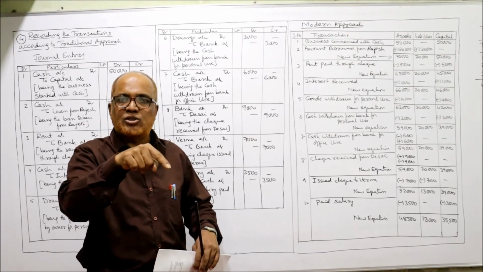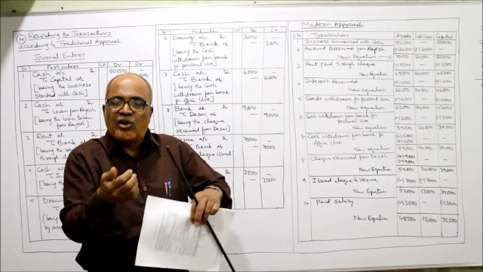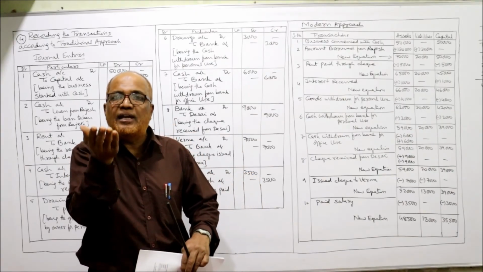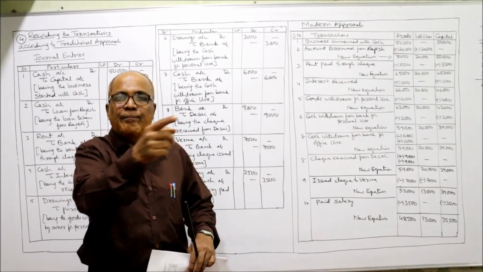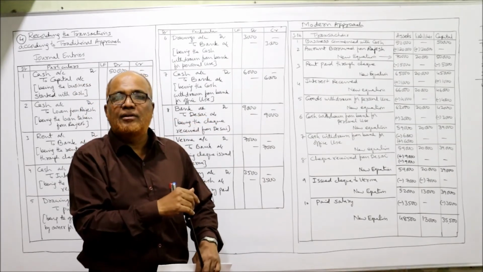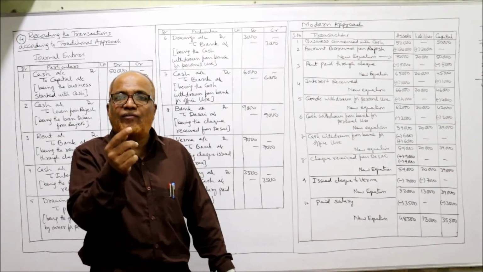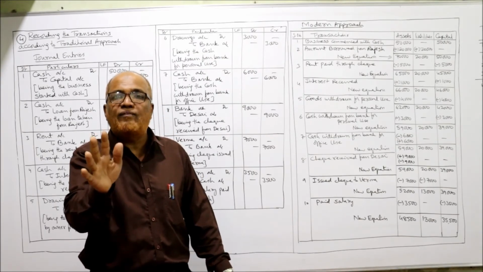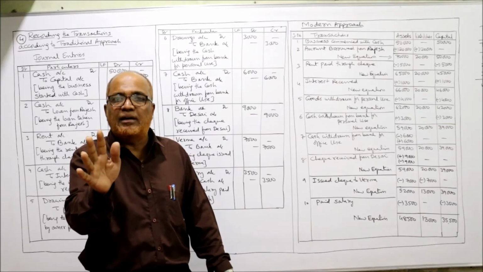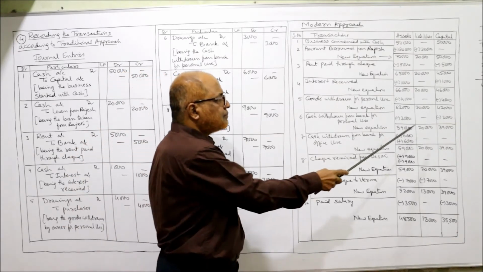Cash and bank balance both are assets. So when cash is withdrawn from bank, our cash will increase, so an asset increases. At the same time, bank balance will decrease, so an asset decreases. One increase in asset, the other decrease in asset. No effect on assets, no effect on liability, no effect on capital.